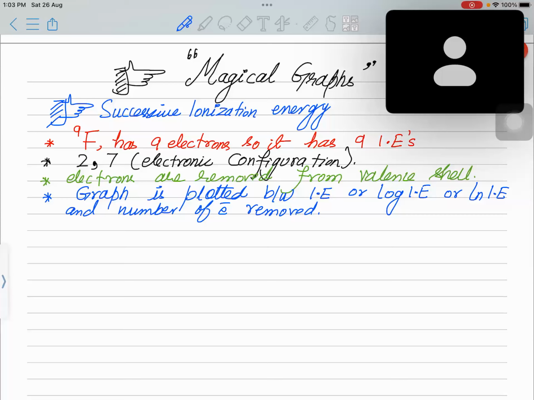As the number of protons increases, nuclear attraction increases, shielding remains the same, ionization energy increases. More energy is required to overcome this attraction to remove the electron.